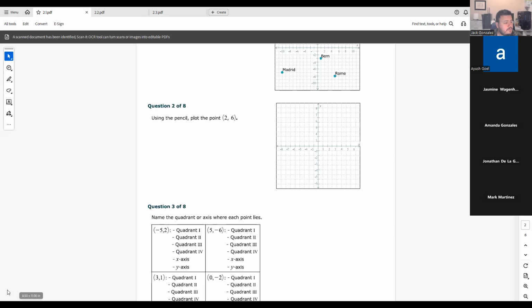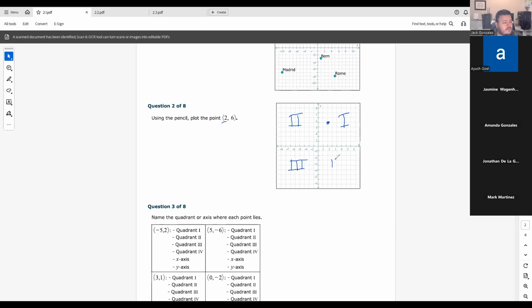So you're going to go to the right 2, the X is first, and then up 6, we're going to be right here. And this is quadrant 1, 2, 3, and 4.